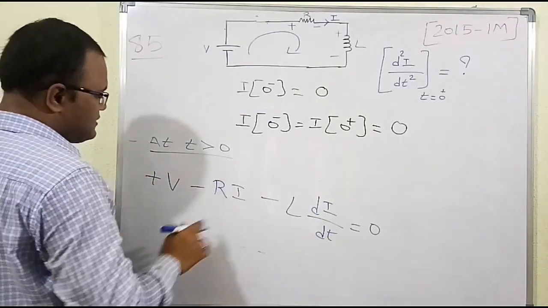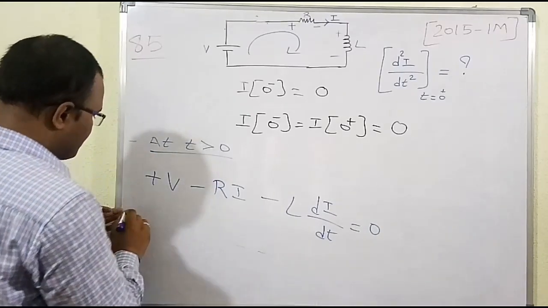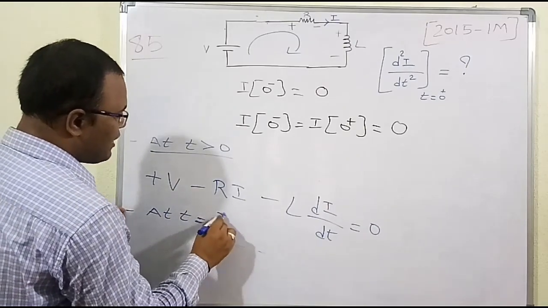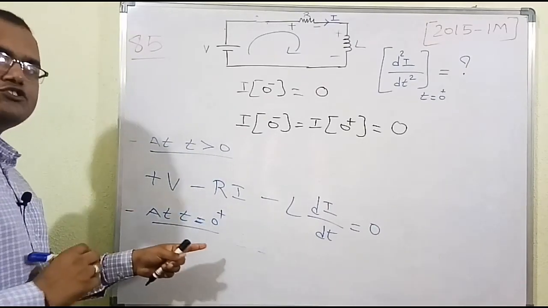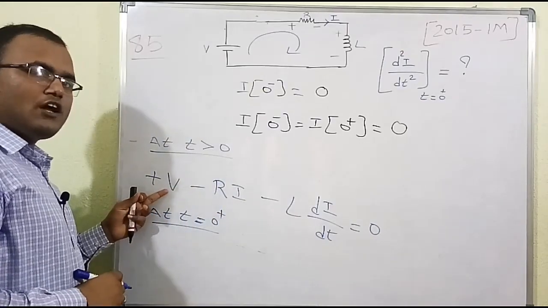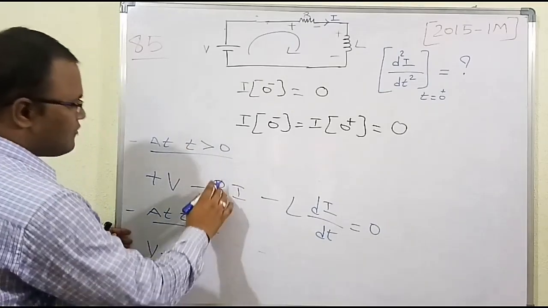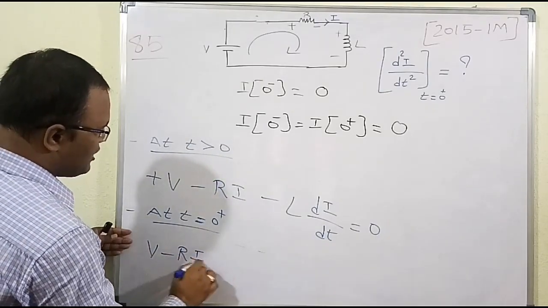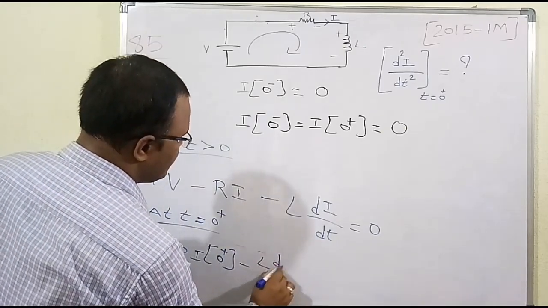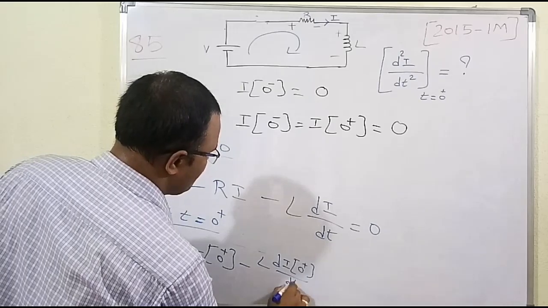So now this is for t greater than 0. Now I am evaluating all the values at t equal to 0 plus in this equation. V is always constant, so it is again V. R is always constant, so R into I of 0 plus minus L into d I of 0 plus by dt is equal to 0.